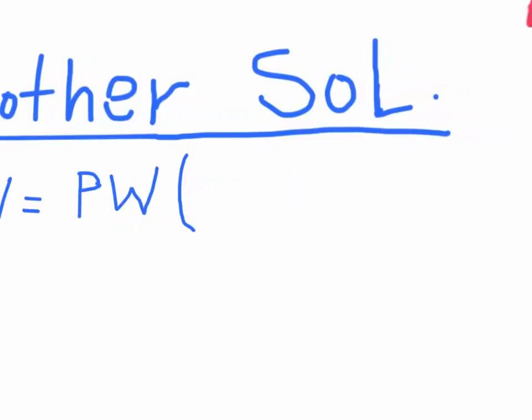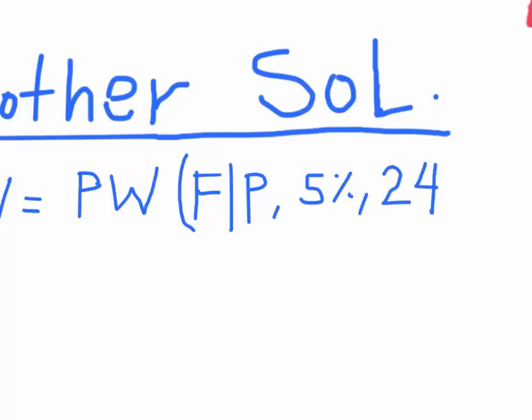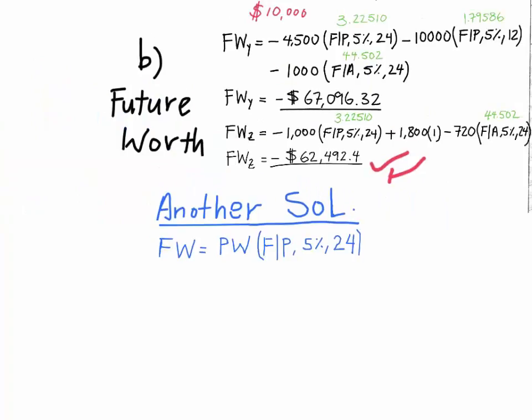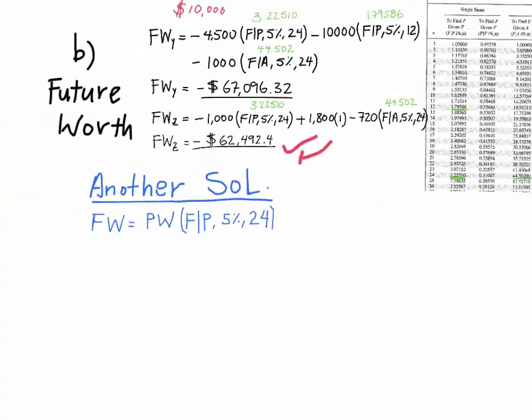The factor we have here is the F given P, 5%. And now we're moving from the present to the whole future of the whole cash flow, so from 0 to 24. So that's our formula here.